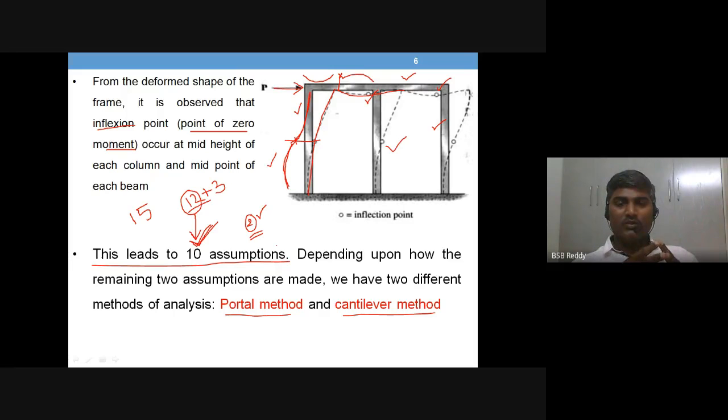Based on the assumptions or conditions that you make in these two different methods, you are going to make the structure determinate. The indeterminate structure is reduced to determinate to make your analysis simple. You will see how simple it is when you actually proceed for the analysis. Okay, right. Thank you.